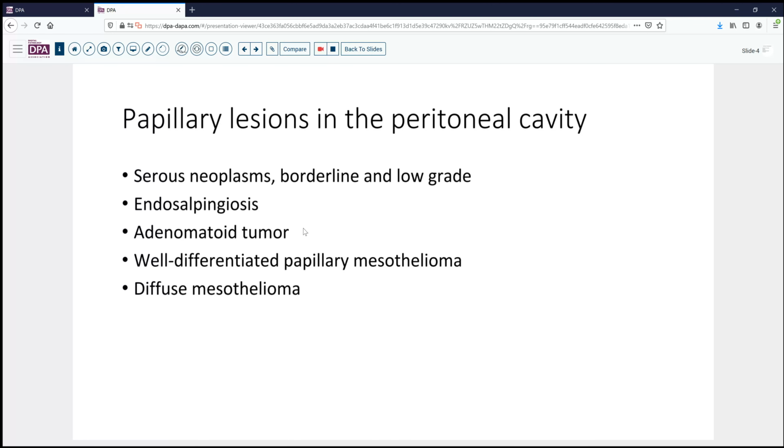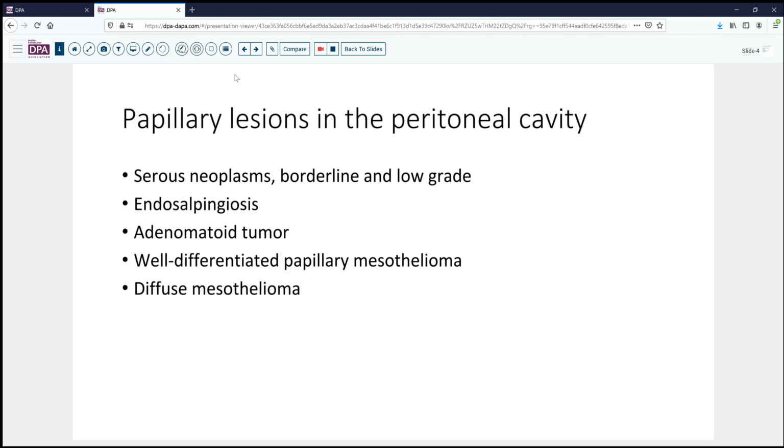Adenomatoid tumor certainly is a mesothelial proliferation, but again, that usually forms a tumor-like mass that's infiltrative and circumscribed with glandular structures rather than papillary structures. Well-differentiated papillary mesothelioma, so-called, as opposed to diffuse type mesothelioma, would be a consideration. This, in fact, I believe is where we land today.